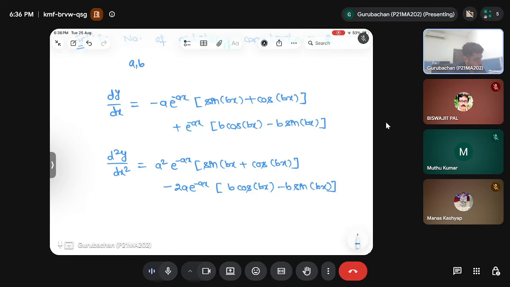And the last one will be minus e to the power minus ax, b square will come out.